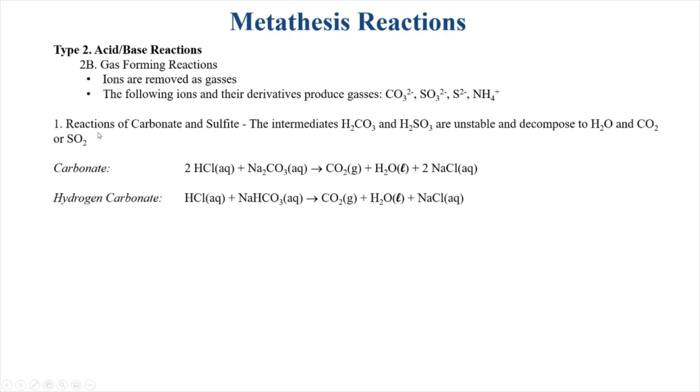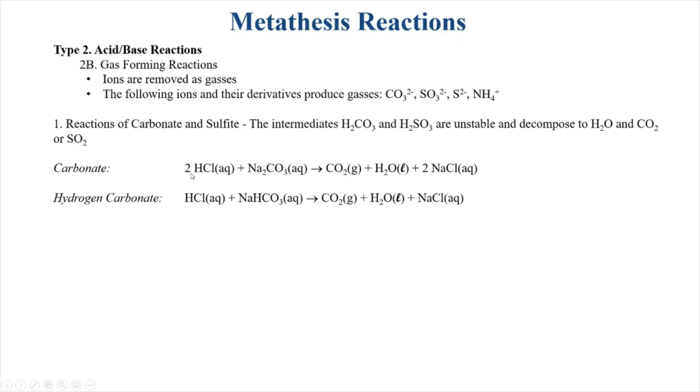For carbonate and sulfite, the intermediates, H2CO3 and H2SO3, are unstable and decompose to water and carbon dioxide for H2CO3, or for H2SO3, they form SO2 gas. So whenever you add an acid to CO3 2 minus, or carbonate, or sulfite, you're going to get either carbon dioxide or sulfur dioxide gas.